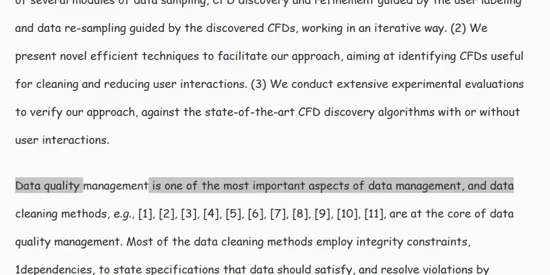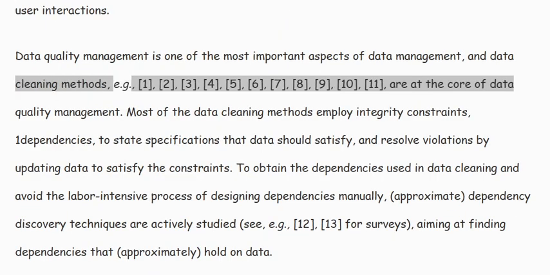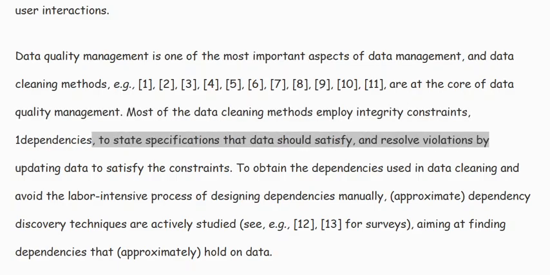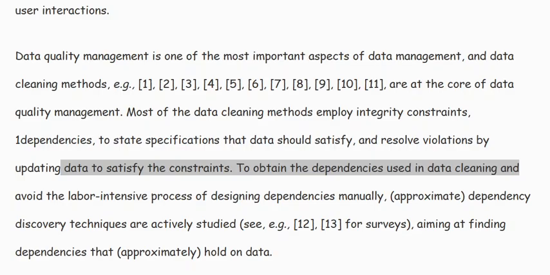Data quality management is one of the most important aspects of data management, and data cleaning methods, e.g., [1, 2, 3, 4, 5, 6, 7, 8, 9, 10, 11], are at the core of data quality management. Most of the data cleaning methods employ integrity constraints, dependencies, to state specifications that data should satisfy, and resolve violations by updating data to satisfy the constraints.